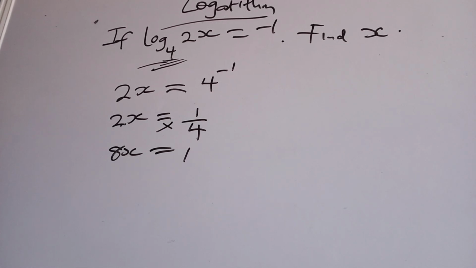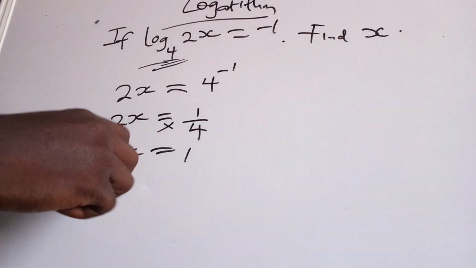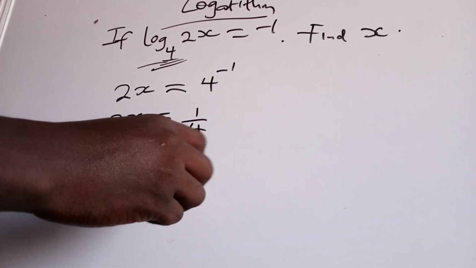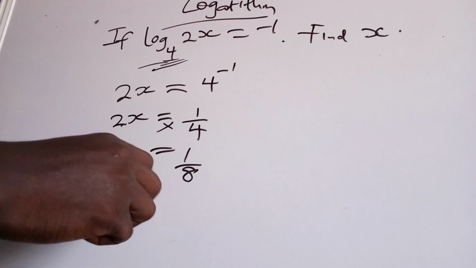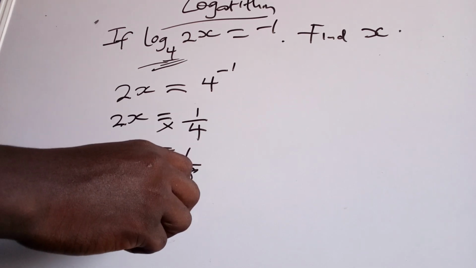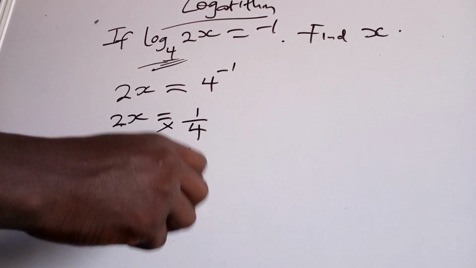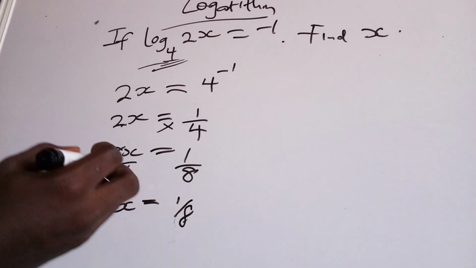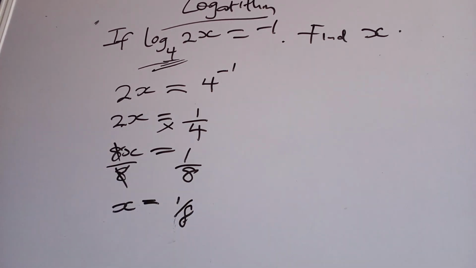So 8x equals 1. After that, we divide both sides by 8. Therefore, the value of x will be equal to 1 all over 8.